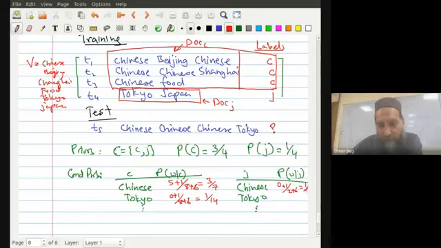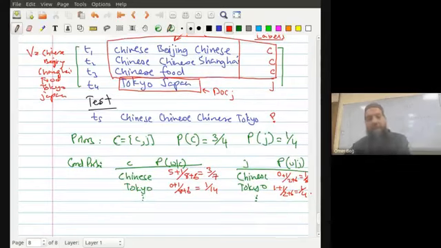So this turns out to be 1 over 8. The word Tokyo, look it up in doc J, it appears once, plus 1 for smoothing. 2 words appear in doc J, plus 6. So this is 2 over 8. So that's 1 over 4.